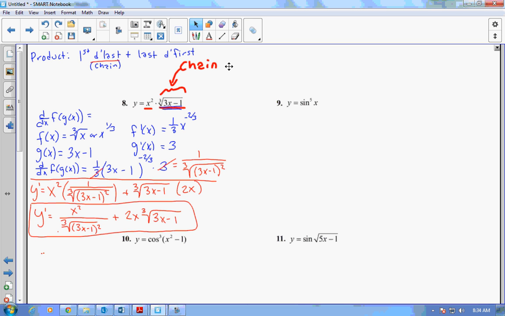Okay. Does this one, are we looking at product and chain? No, it's just chain rule. Okay. All we need is what is F and what is G. Once you get those straightened out, you'll be good to go. It's just a matter of figuring it out. What do you think?